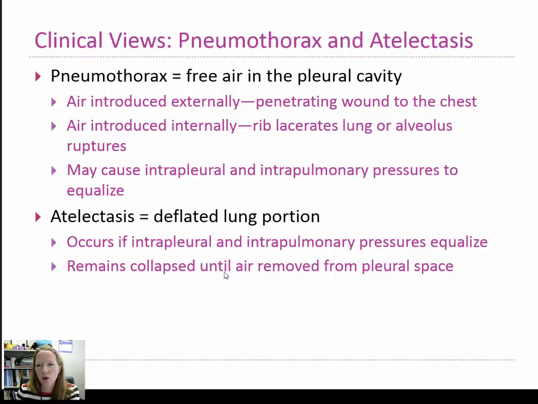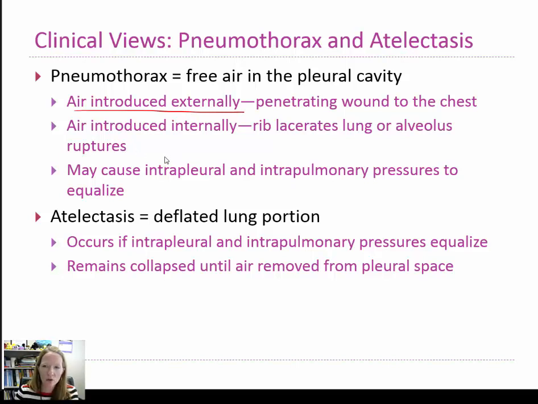A pneumothorax is going to be when air leaks into the pleural cavity, and it can be because of a stab wound or a gunshot wound or anything introduced externally, or it can be whenever air is going to get inside from, like, a rib. Maybe you broke a rib and it goes in and punctures the lung that way, or the alveoli is going to rupture.